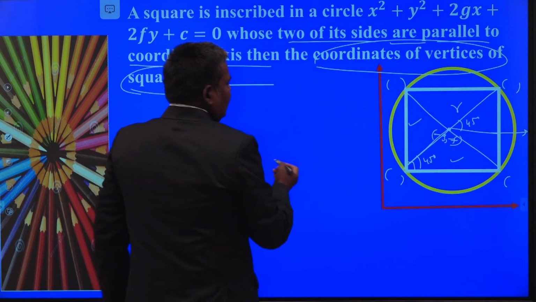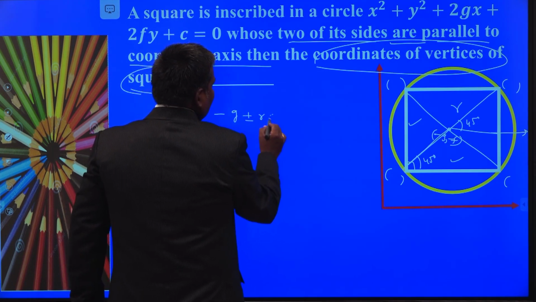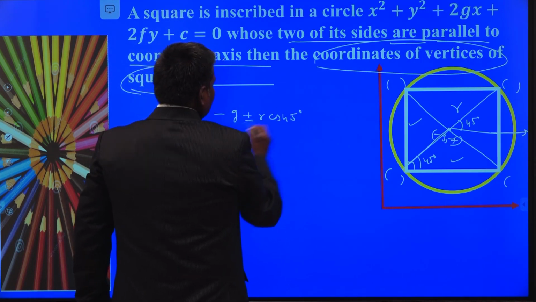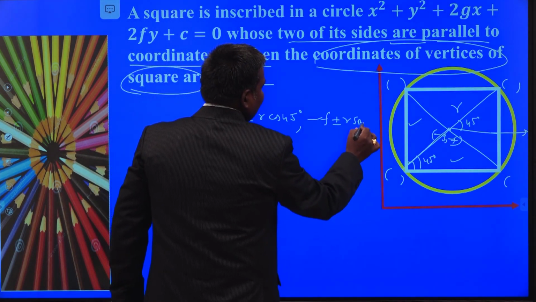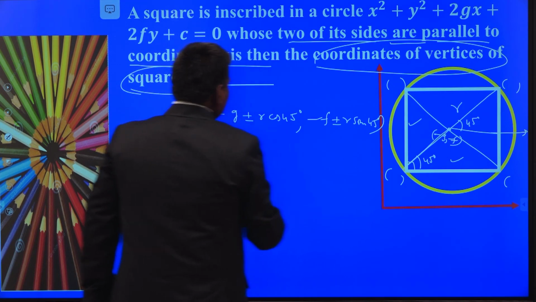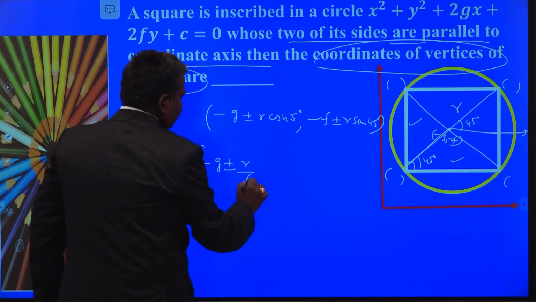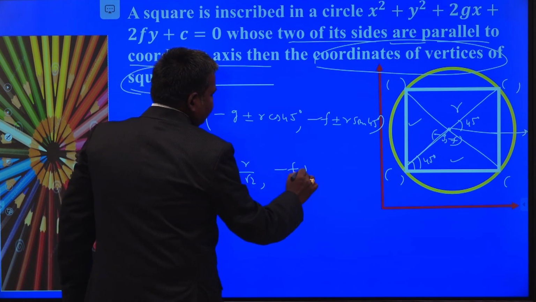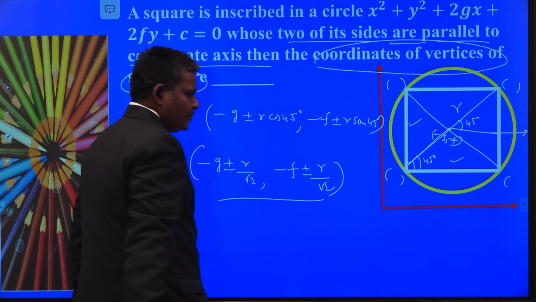So, what are the coordinates now? Minus g plus or minus r cos 45 degrees, comma, minus f plus or minus r sin 45 degrees. That means minus g plus or minus r by root 2, comma, minus f plus or minus r by root 2. Finish.